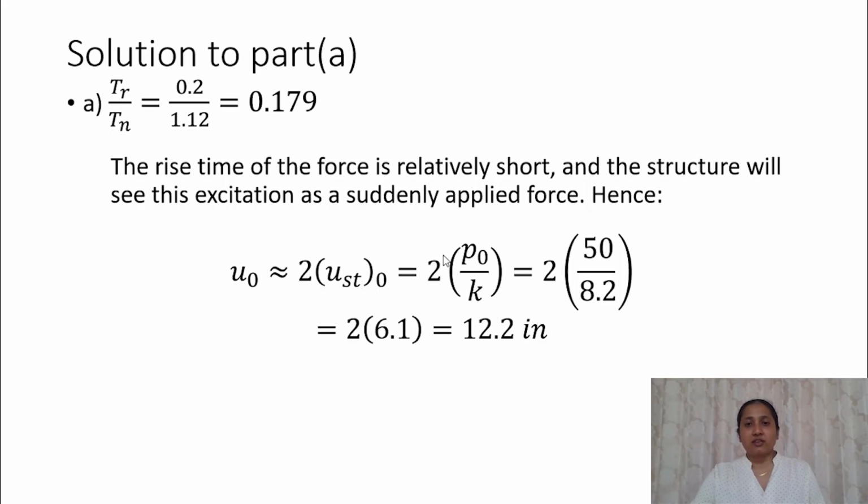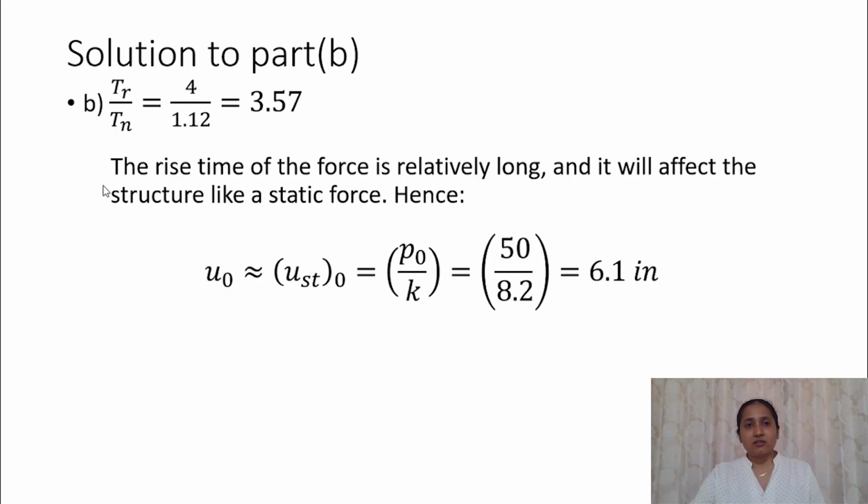So we know the static response as P0 by K. So the maximum response will be twice that. So we can calculate, we know P0, we know the value of K. So we can calculate the maximum value of the response as 2 times P0 by K. That would be equal to 12.2 inches. So this is not an exact solution, but this is an approximate solution.